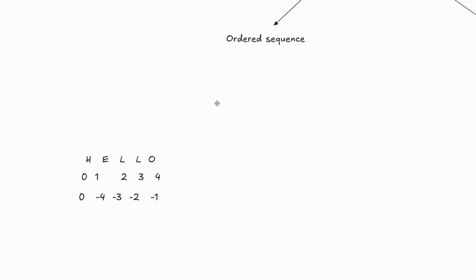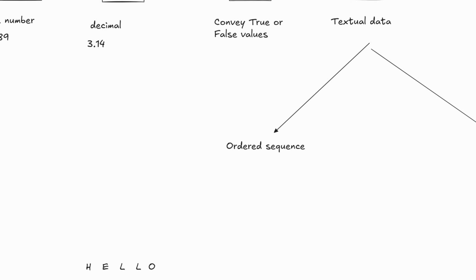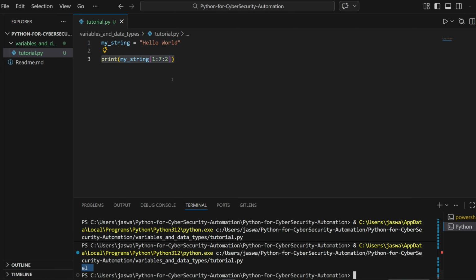The second property that we have is immutability, which means the string cannot change. For example, if I have name equal to Sam.